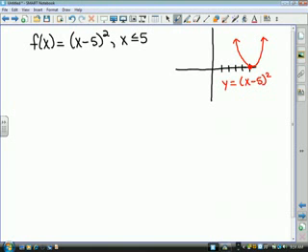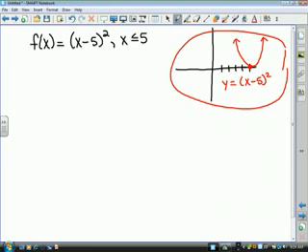That's not what we're looking at. Why? Because it's not one-to-one. So that's why they give you what I call this domain restriction. This is telling you I'm only looking at part of the graph. And normally you're either looking at the right half or the left half.